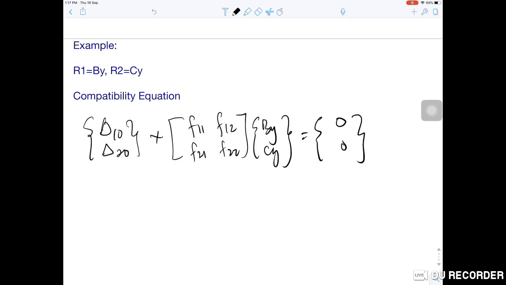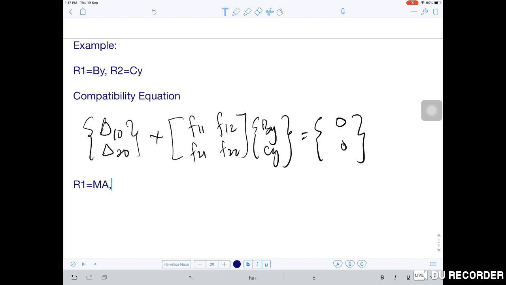Referring to the same example just now, if I want to choose other reactions as redundants, redundant 1 is MA and redundant 2 is BY.